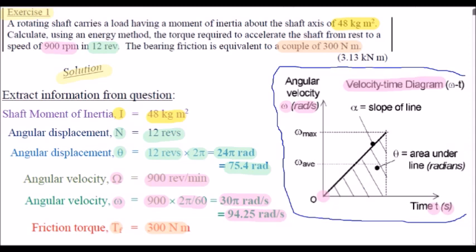That's assumed a constant torque applied, and thus produces a constant acceleration, so a linear line on the velocity time diagram, up to the maximum angular velocity, which is the 30 pi radians per second. Remember, the slope of the line is the angular acceleration symbol alpha. And of course the area under the line relates to angular displacement theta in radians.